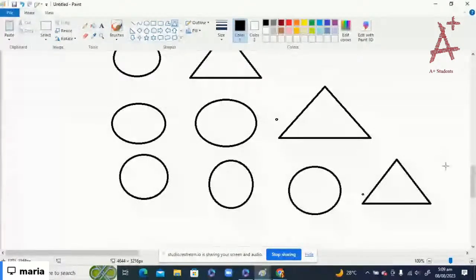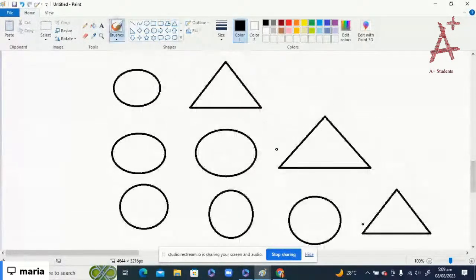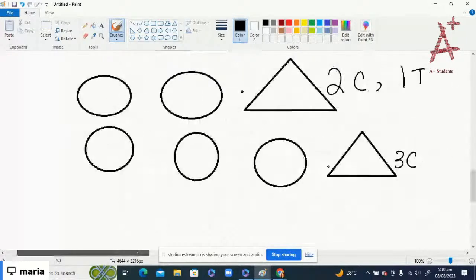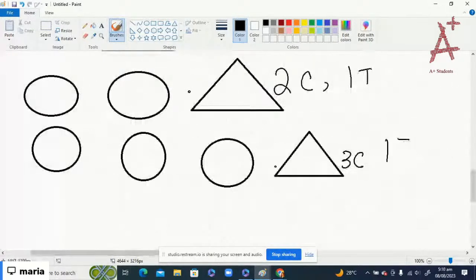Yes, think about it. Because in the first row there is one circle and one triangle. In the second row, the circles are increased, two circles, but the triangle is not increased, the same. In the third row, again the circles are increased, but the triangle is still the same.